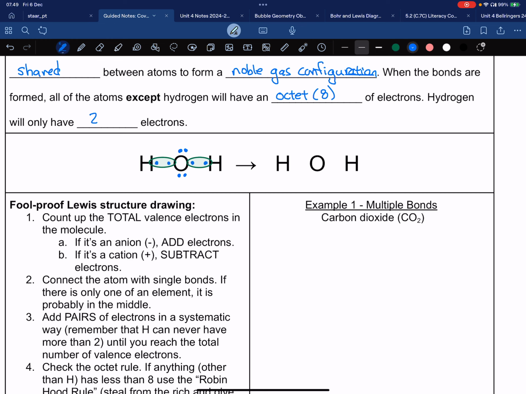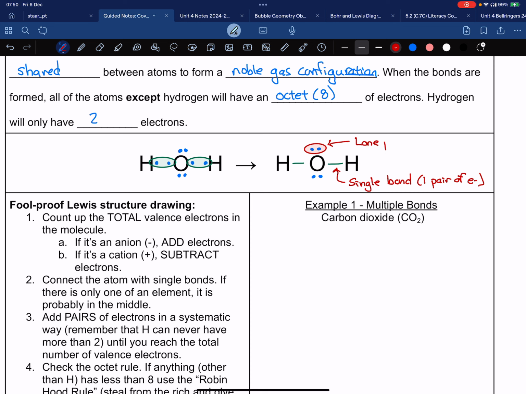And so in the end, what we'll have is 2 single bonds, which is 1 pair of electrons each. And then we will still have the 4 electrons in the form of 2 lone pairs.